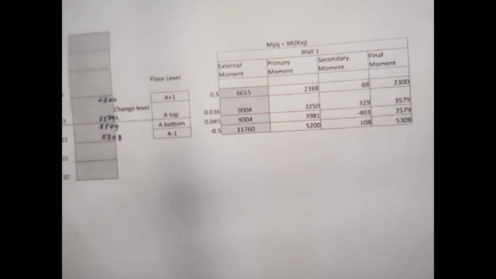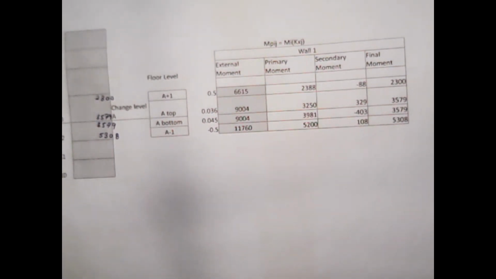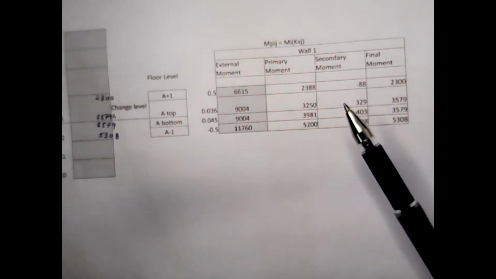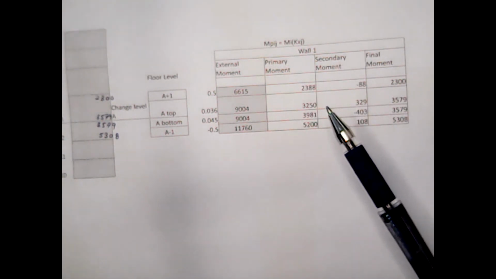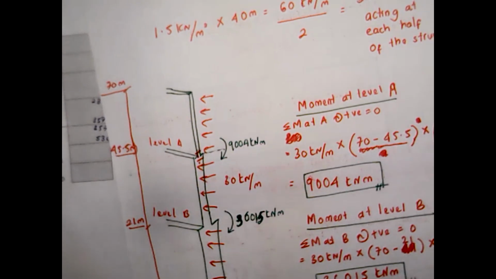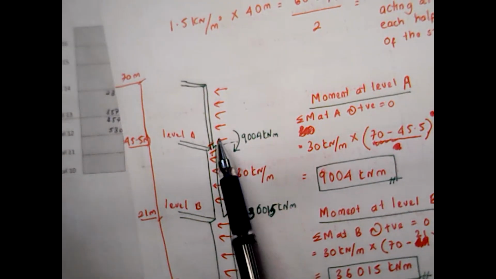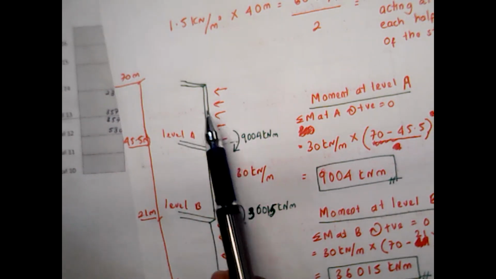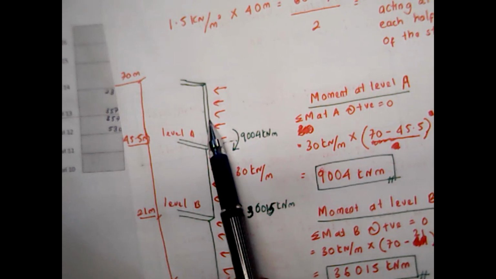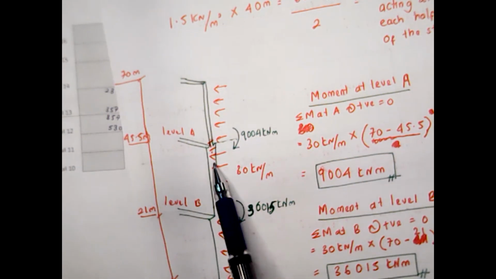Similarly, you need to apply this whole set of equations for the change level at B. As you can remember, the one that we solved just now is at change level A, one level above and one level below.